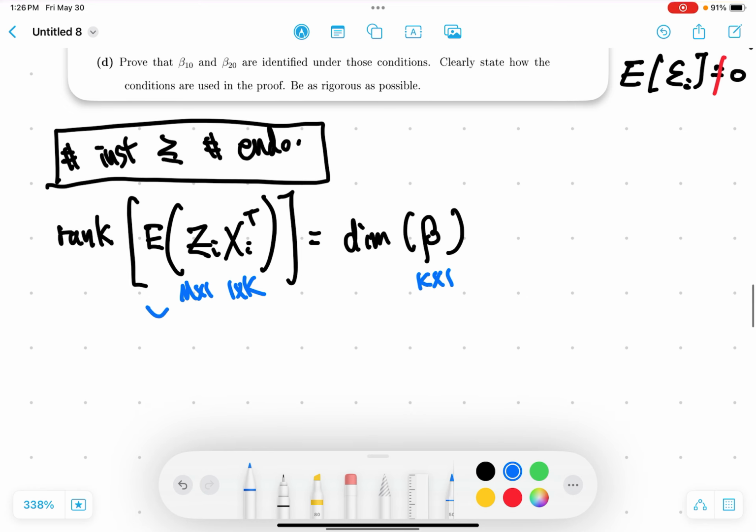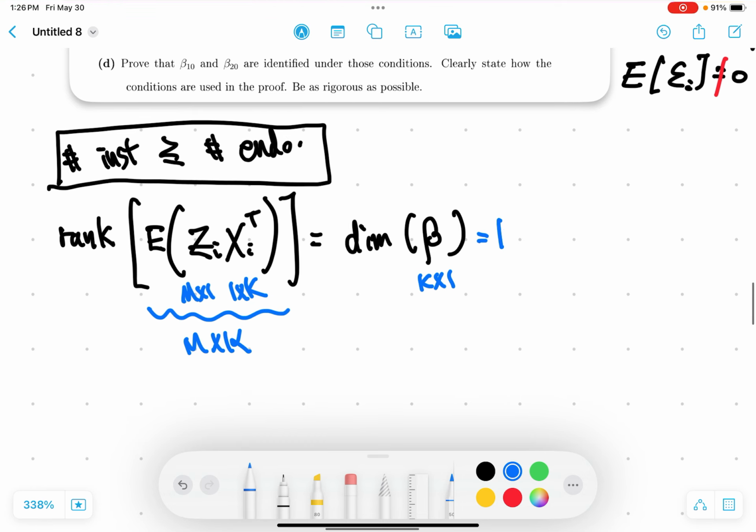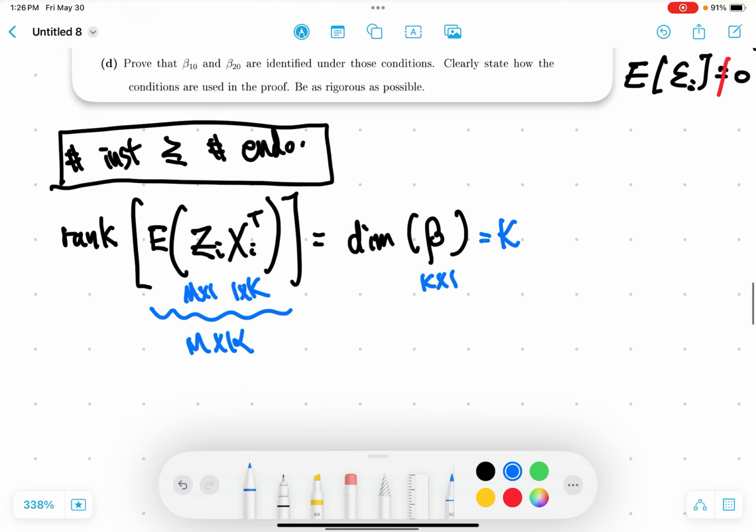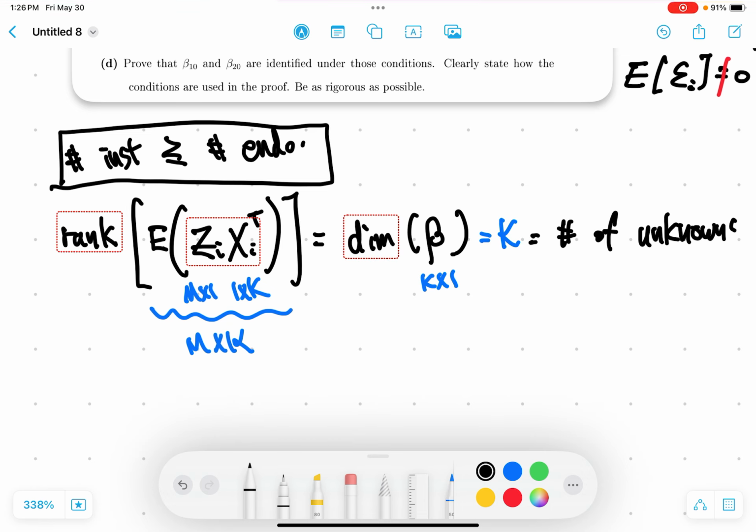So the expectation is an m by k matrix. So for the rank to be k, this is of course k, which is the number of unknowns. Okay, so this is what we have.